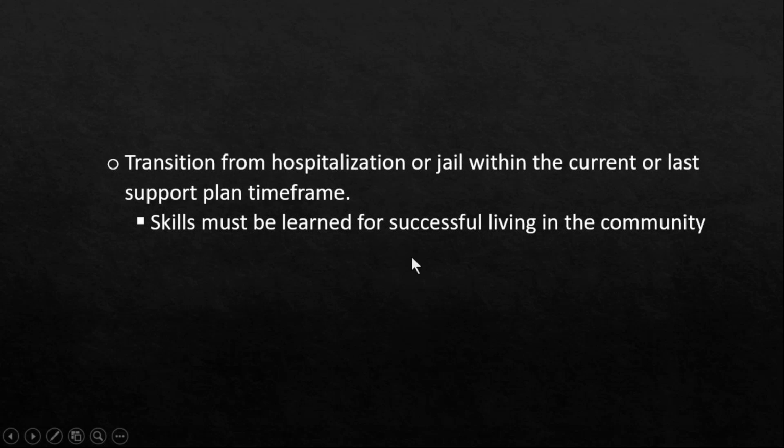Another factor is transition from hospitalization or jail within the current or last support plan time frame. So if they have this and they are needing day hab because they must learn skills to live in the community successfully.